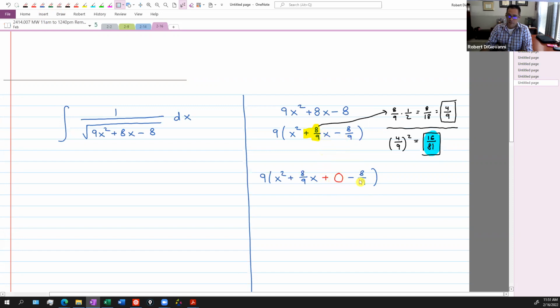I'm adding nothing, so it shouldn't change anything. But the way I add that nothing now is going to be really clever. It's going to be that number in blue here. I'm going to add it and simultaneously subtract it. And I hope you still agree with me that the part in red is still 0. So I haven't changed the problem, right? This is still 0.